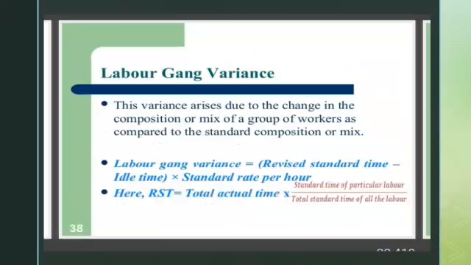Labor gang variance is equal to (revised standard time minus actual time, excluding idle time) into standard rate per hour. Here, the revised standard time is equal to total actual time into standard time of the particular labor divided by total standard time of all the laborers.